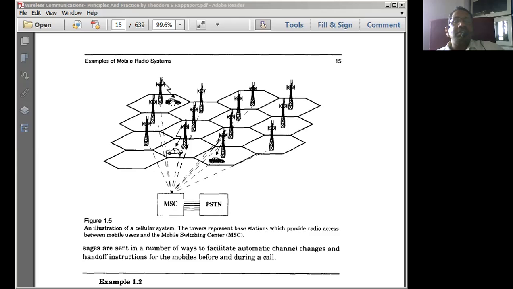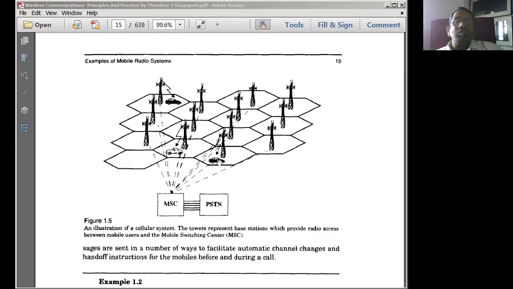Here the call is established between these two mobile units via the base stations, the local units and the common MSC. That means the voice signals communicating here go from the mobile unit to the local base station A, from base station A to the MSC, from the MSC to the other base station, then to the mobile unit.